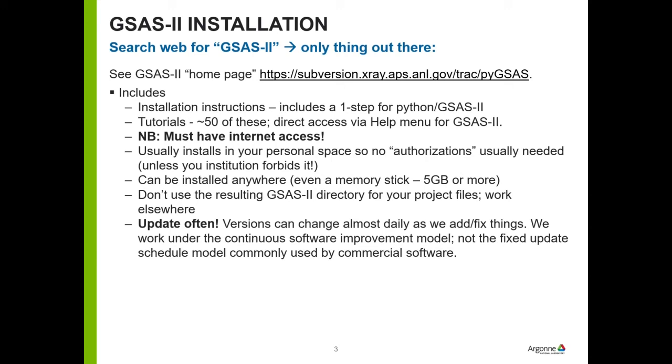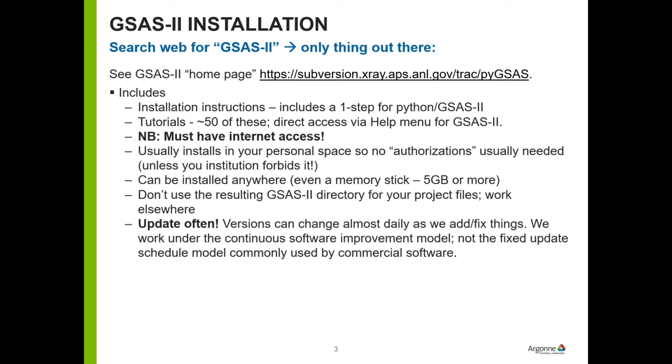There will be installation kits for Windows, Mac OS X, and Linux. I might add, the problem with Linux, of course, is that there's a zillion varieties of Linux, so it will install on most of those, but not necessarily every last one of them. Sorry, but that's the nature of Linux, not GSAS-II.